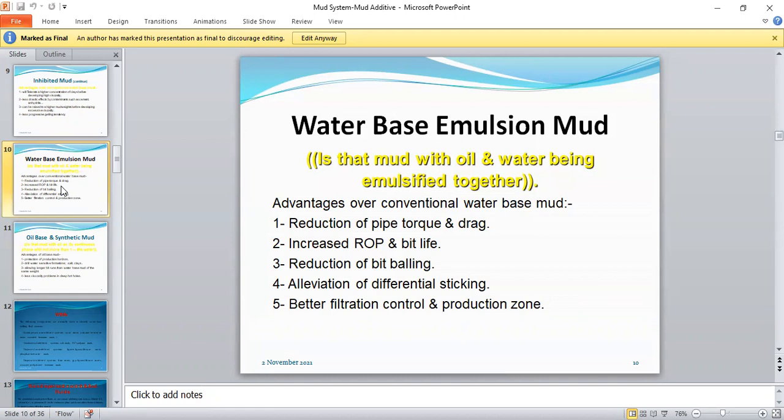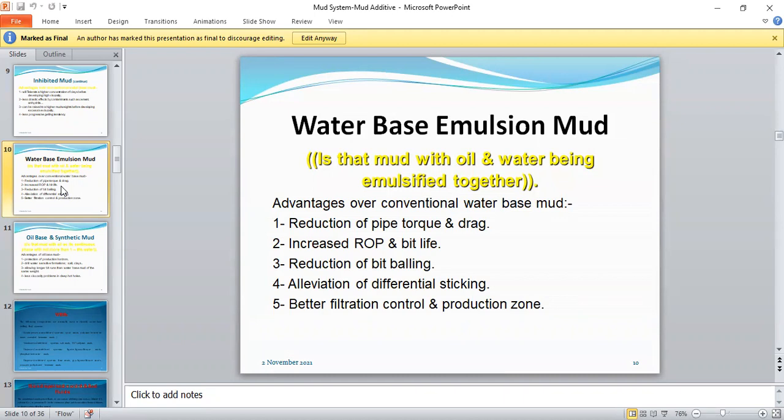When you're exerting more force to pull it, that is what we call drag. It means that there are some things in your well or your mud that are not permitting the driller to pull the pipe as easily as it's supposed to.